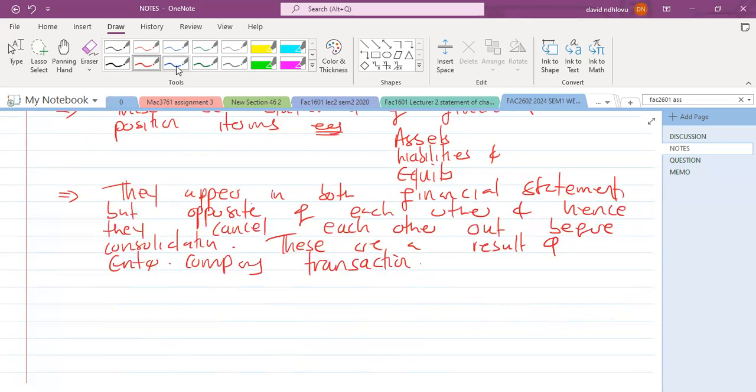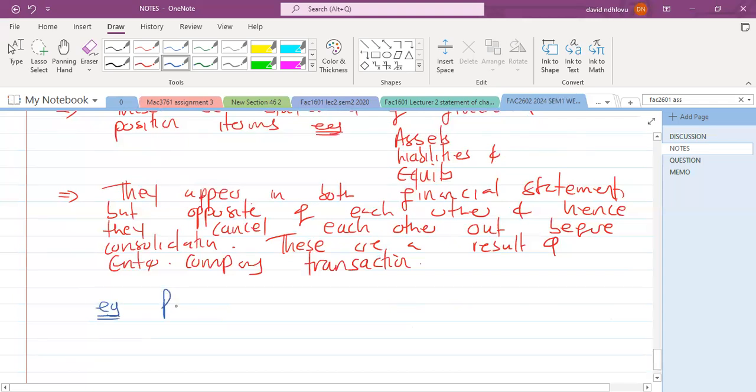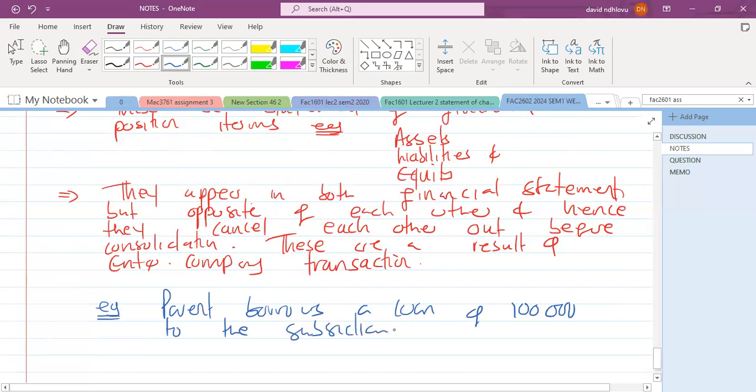For example, the parent lends a loan of 100,000 to the subsidiary. So obviously that's an intercompany transaction. It's a transaction between the two members of the group.